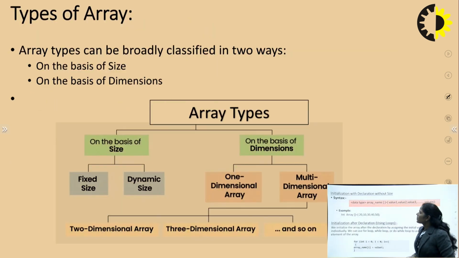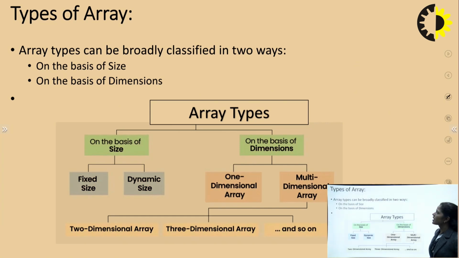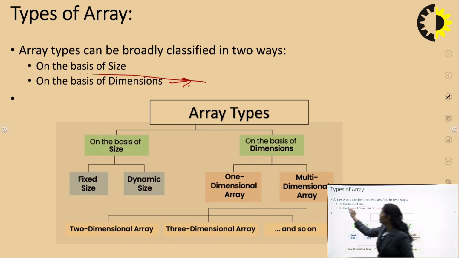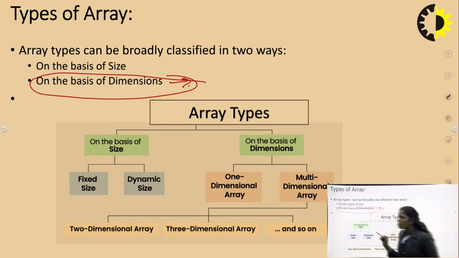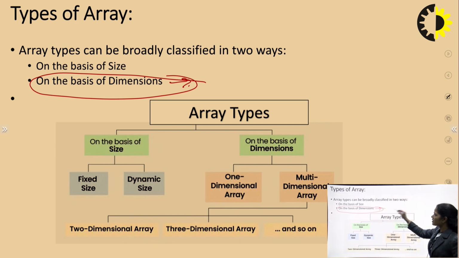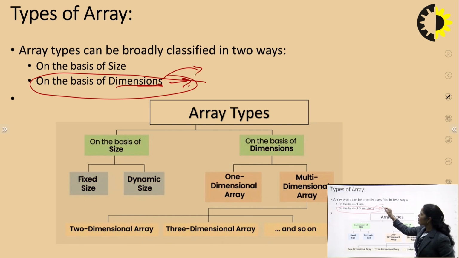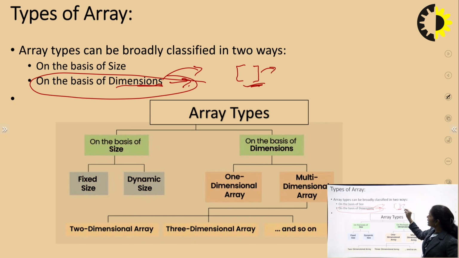Next we will talk about the types of arrays. In C language we will discuss types only on the basis of dimensions. In the previous statement we also saw this word. What is the meaning of dimension? Dimension is some kind of expression, and this symbol and expression is known as the subscript, and this subscript tells about the dimension of the array.